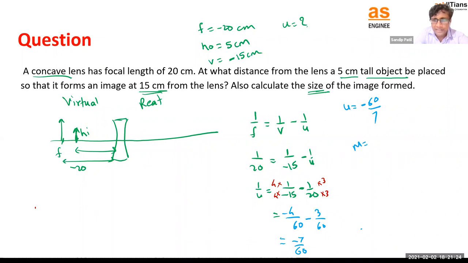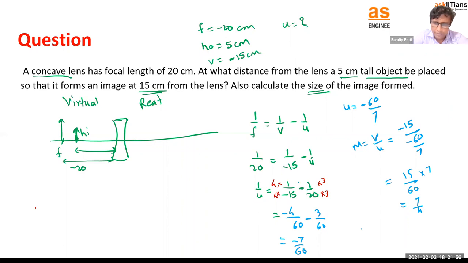What about the magnification? Magnification is V by U. V is how much? Minus 15. This is minus 60 by 7. Right? So if I do some calculations here, I will get the minus will be gone, 60, and I will get this as 7 by 4. Right? So that should be the magnification. Let me check whether we are wrong somewhere. 1 by 60, 1 by 20.